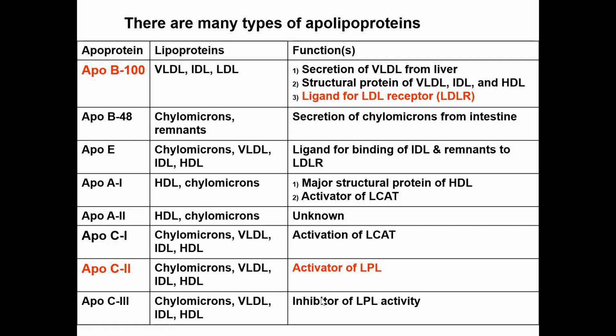For example, we have ApoB100. ApoB100 is found on VLDL, IDL, and LDL. IDL means intermediate density lipoprotein, and LDL is low density lipoprotein. The major function of ApoB100 is the secretion of VLDL from the liver.